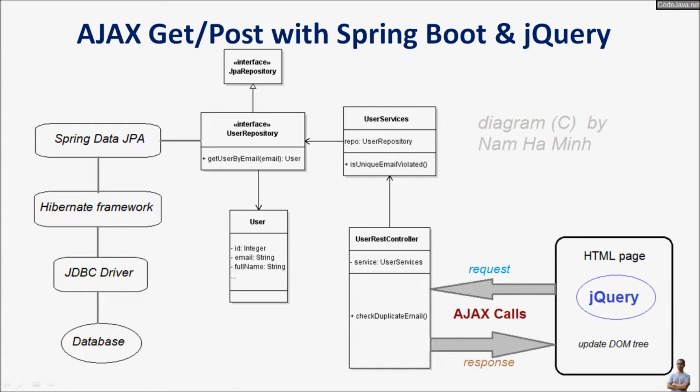And the REST controller returns a response to the client in the form of plain text or JSON format, and the client uses jQuery to update the DOM tree of the HTML document. So that's the workflow of our Spring Boot application to implement AJAX calls with jQuery and a RESTful Web Services controller.